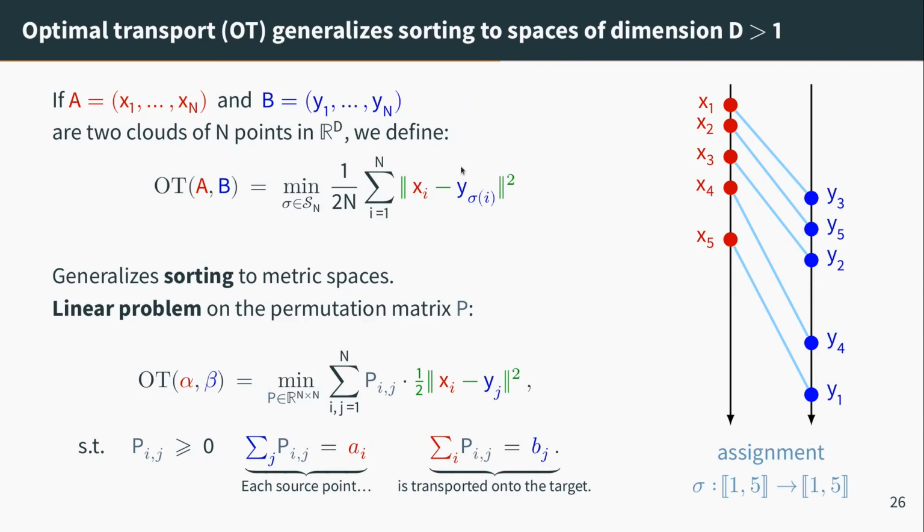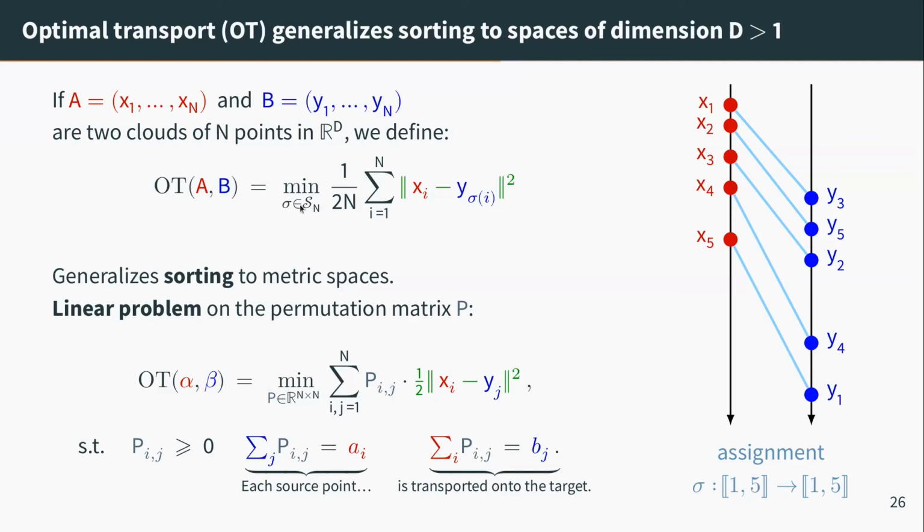Basically, if the permutation is the identity, this is just the squared Euclidean norm between the point clouds. But remember that measure theory probability distributions should be invariant to permutations of the points. And so this is a permutation invariant equivalent of the squared Euclidean norm.